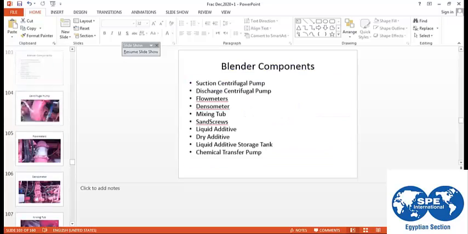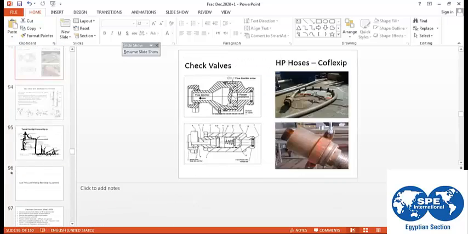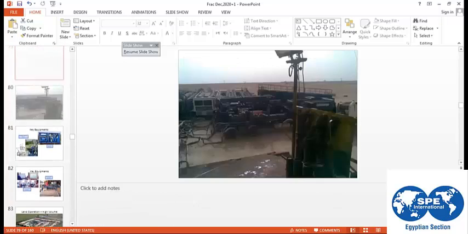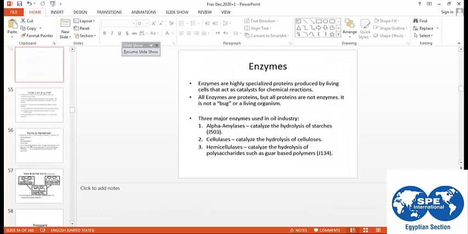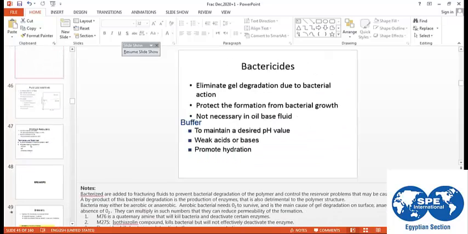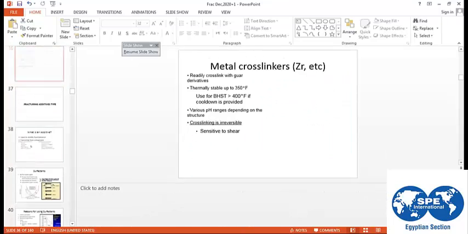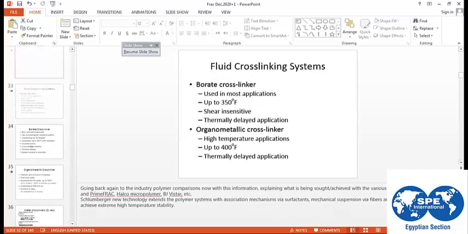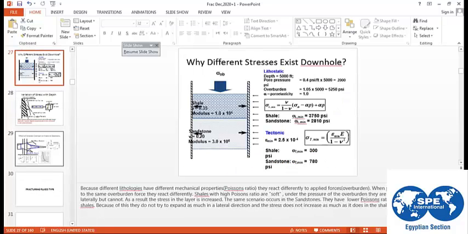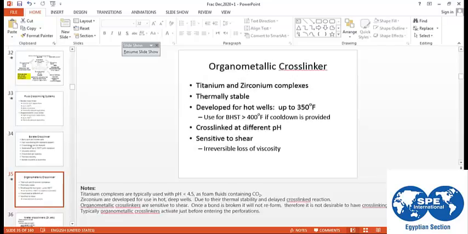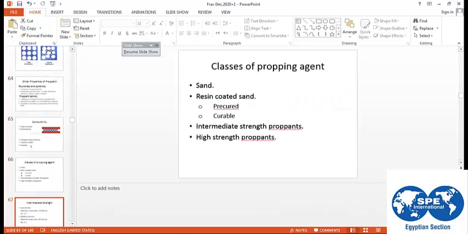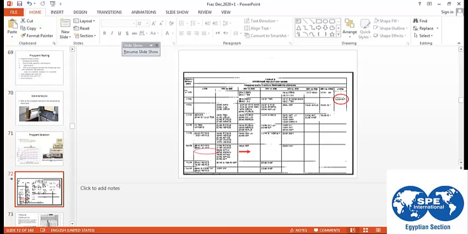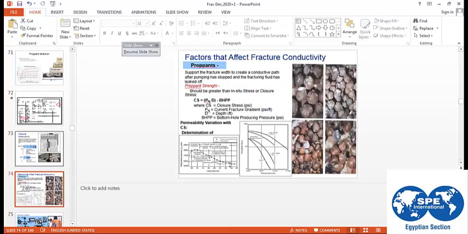Here we are calculating the closure pressure from this equation.